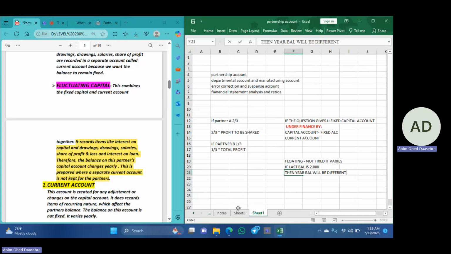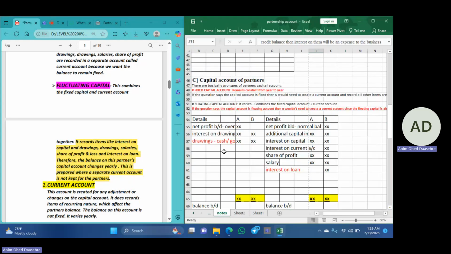So basically, if the question says that the capital account is a fluctuating one, then we are not going to open any current accounts, because this fluctuating account combines the fixed account and the current account in one account.